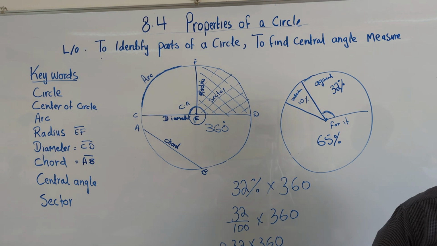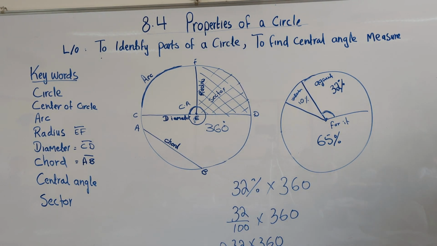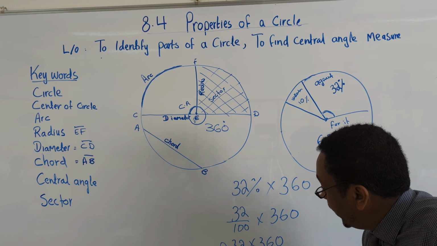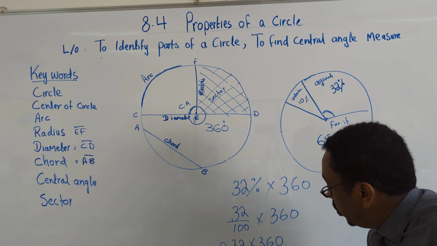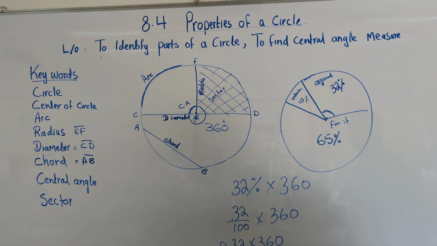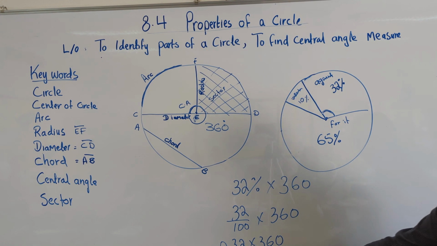Now when I multiply these two numbers, what do I get? I get 115.2. So this is the answer. This is the angle.